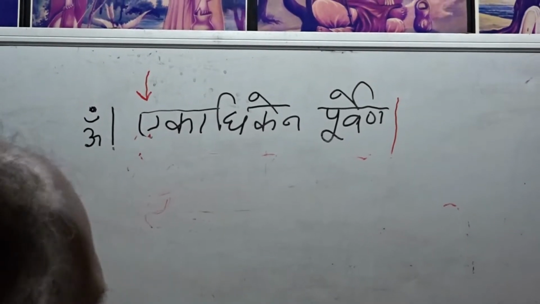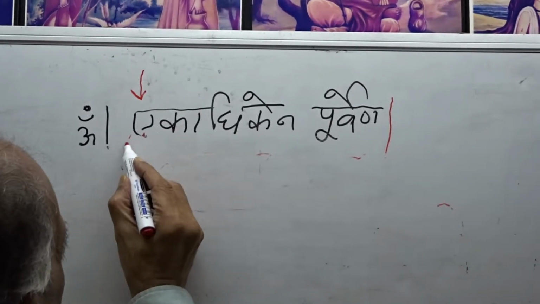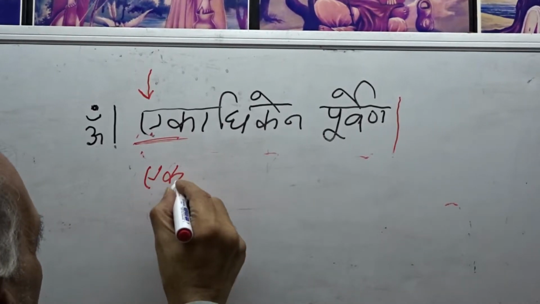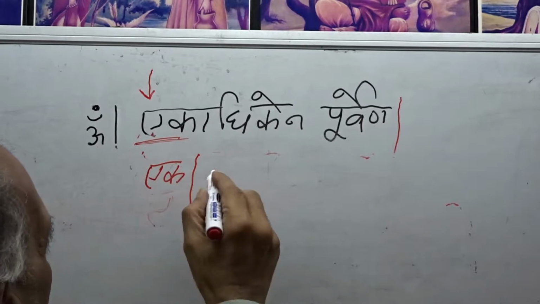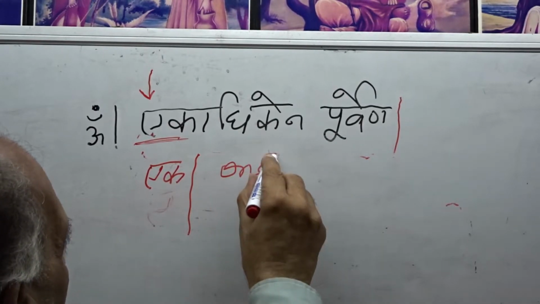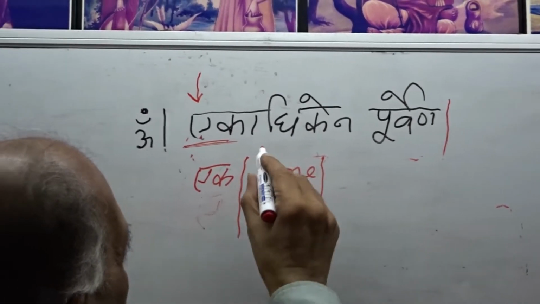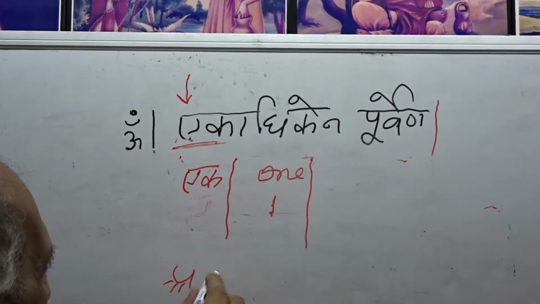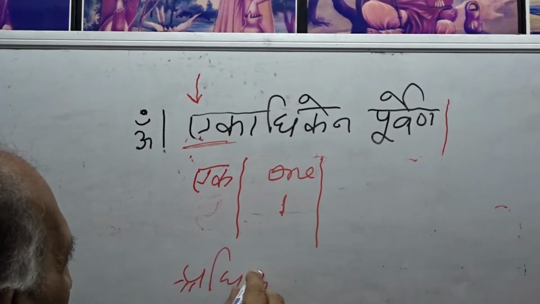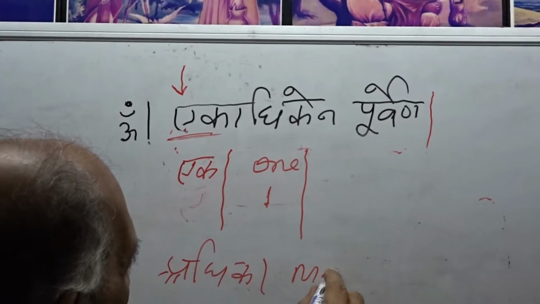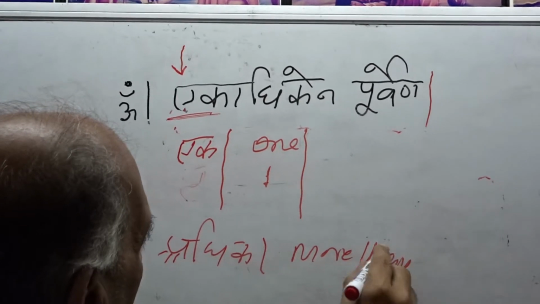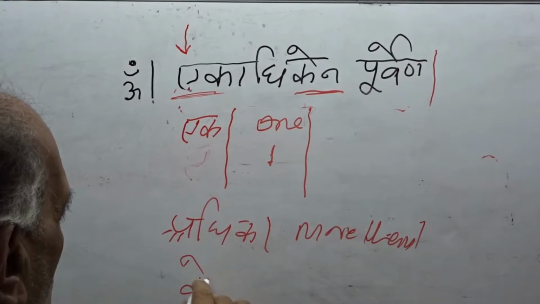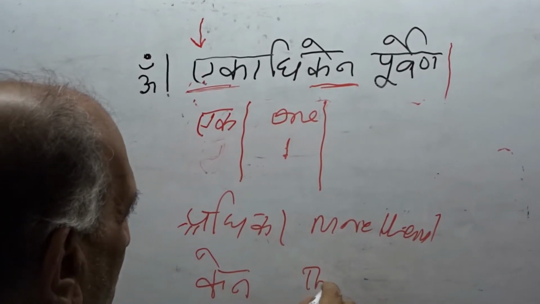We can see that this formulation is having one subformulation, ek, which in simple rendering is 1. And we also have in this composition another formulation, adhik, which is more than. And then this also has a formulation which is ka, which is a question mark, then what?